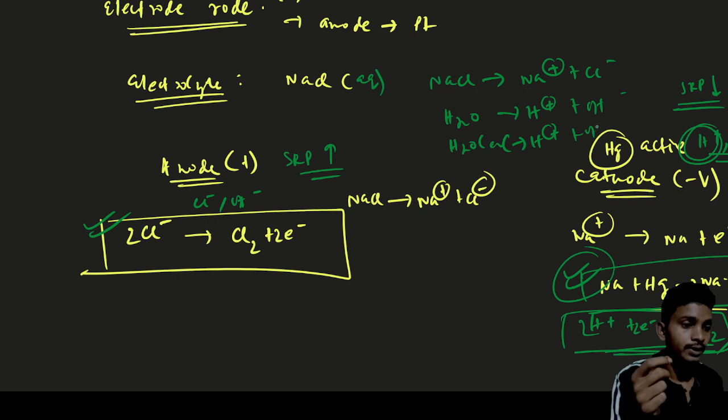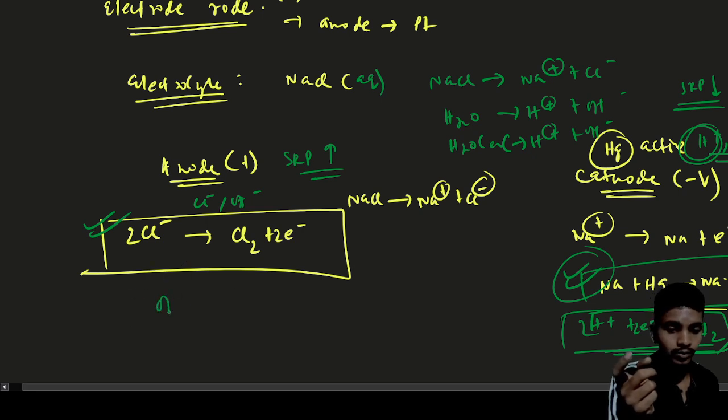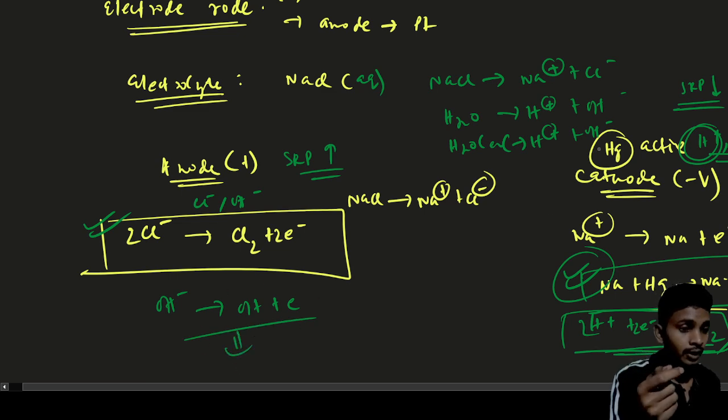If you add excess water, then OH minus will discharge at the anode. And at the cathode again there is H plus and Na plus, but even though H plus is in excess, NaHg will still form, because this is the spontaneous reaction.